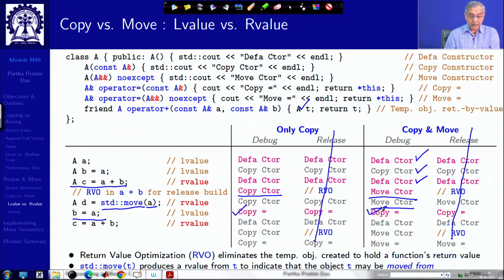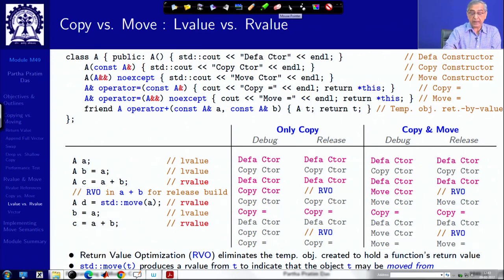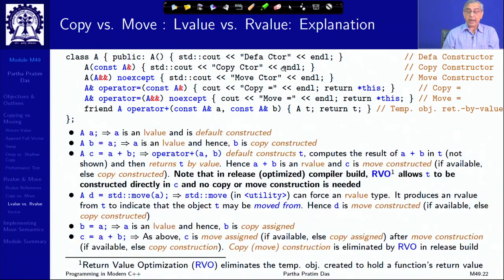So, copy, copy. In this computation I have a default constructor for this, I have a move constructor for the return and then a move assignment operator, right. So, this is how you start to benefit, because you get a lot more move construction and move assignment happening, which are much less expensive than copying.